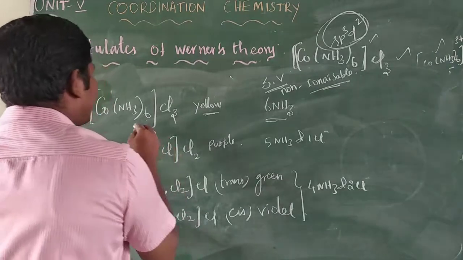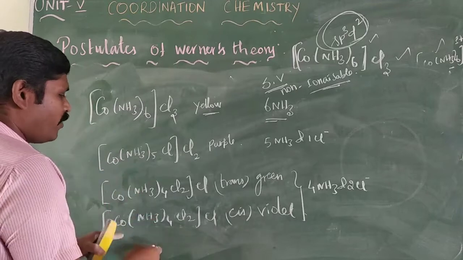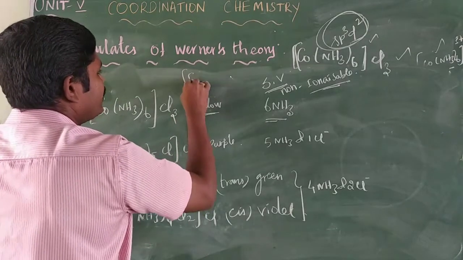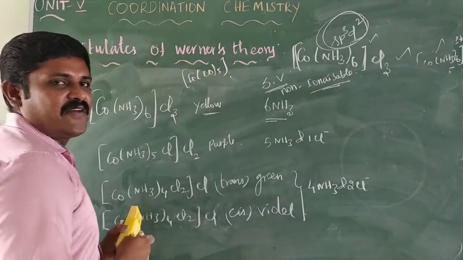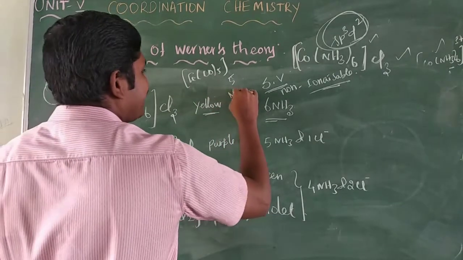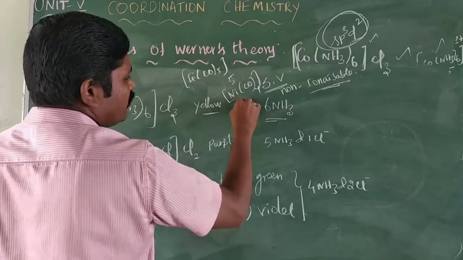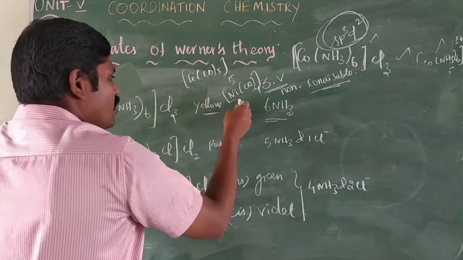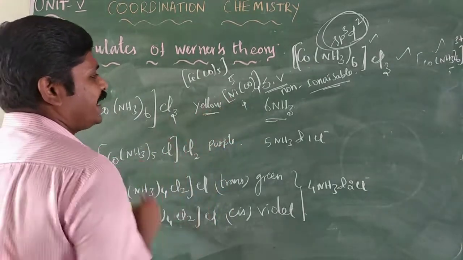The secondary valency of the first complex is 6, of the second is 6, and of the third is 6. This satisfied secondary valency is referred to as the coordination number.